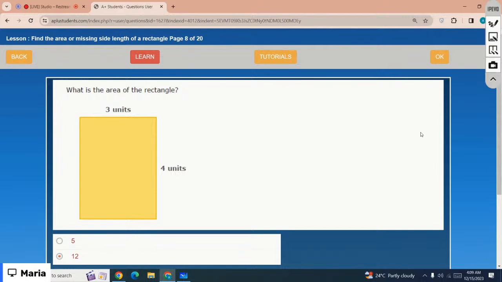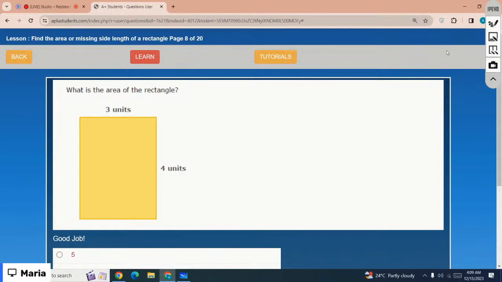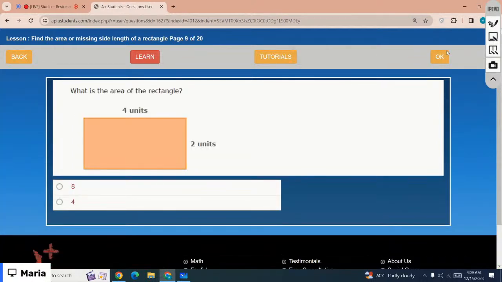The correct option is 12. Very good. What is the area of the rectangle? Which is the correct option?